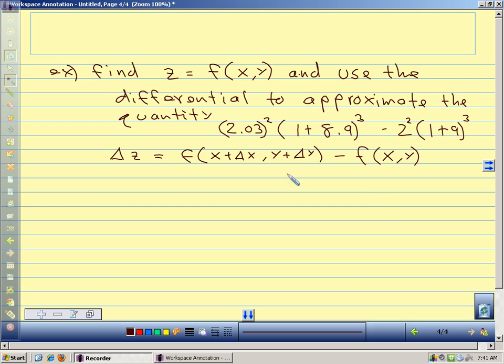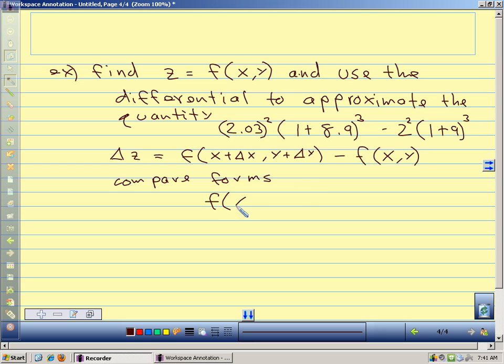So looking at the form of this quantity and the form of our increment, we're comparing the forms. What is our function?